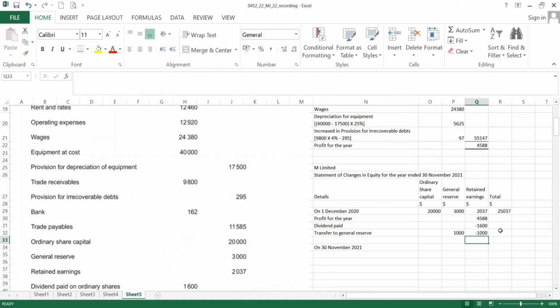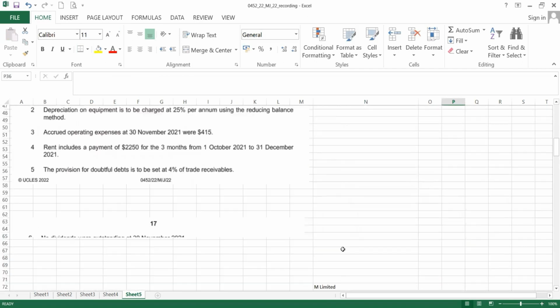So we get this amount. So subtotal first. Okay, and then subtotal. So this is what we have for the statement of change in equity. Okay, now let's move on.